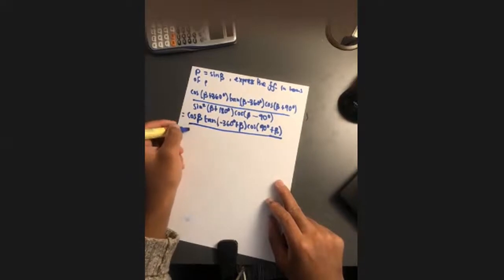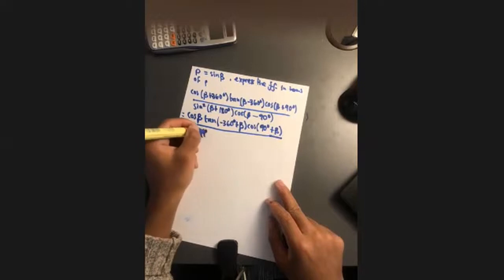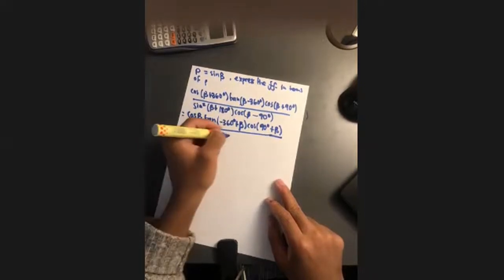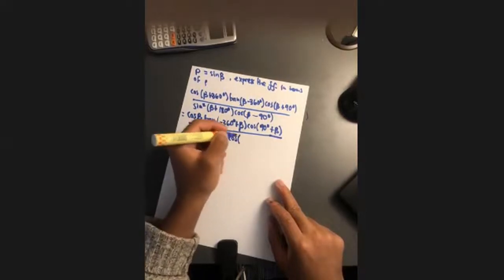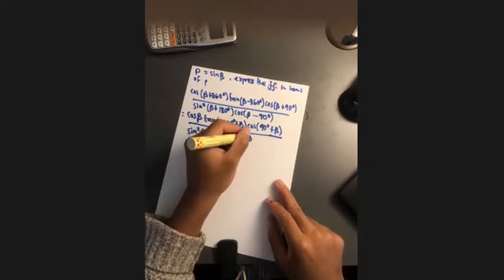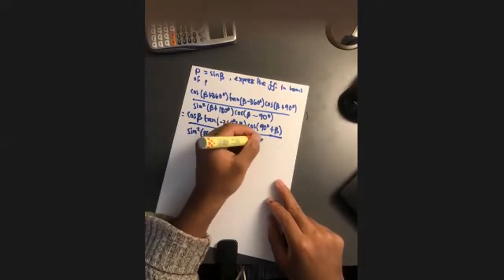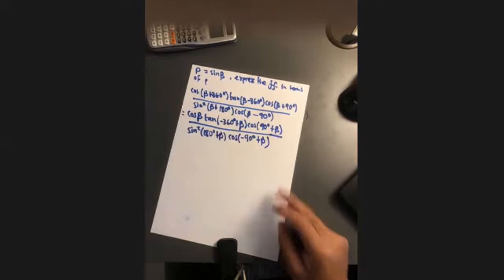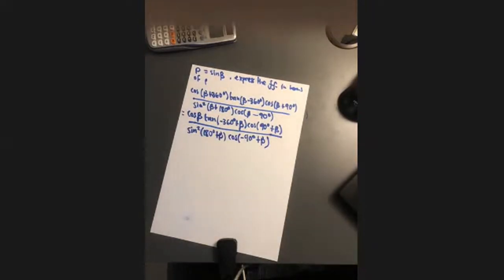So this is just the sine squared, and then we have 180 plus beta, and then the cos. So this one is just going to be minus 90 plus beta.